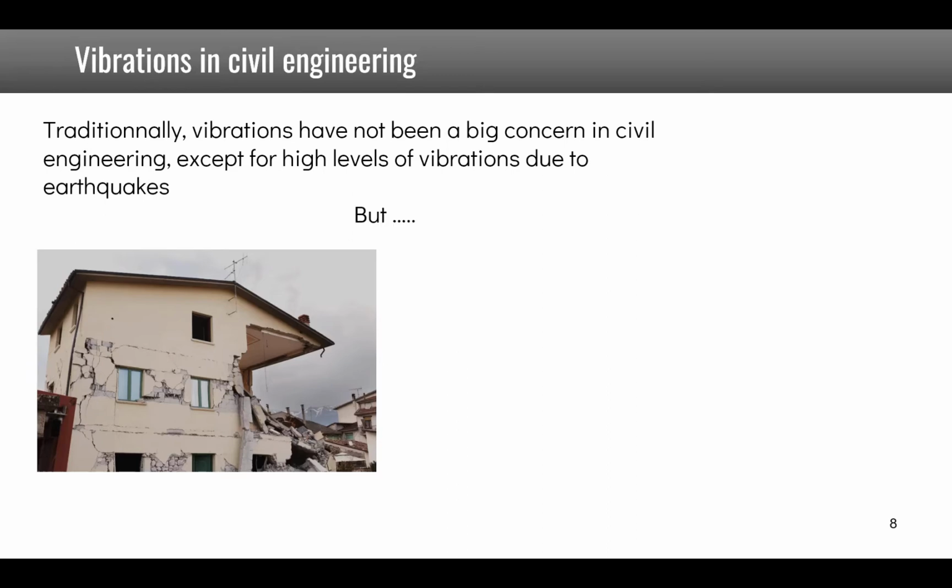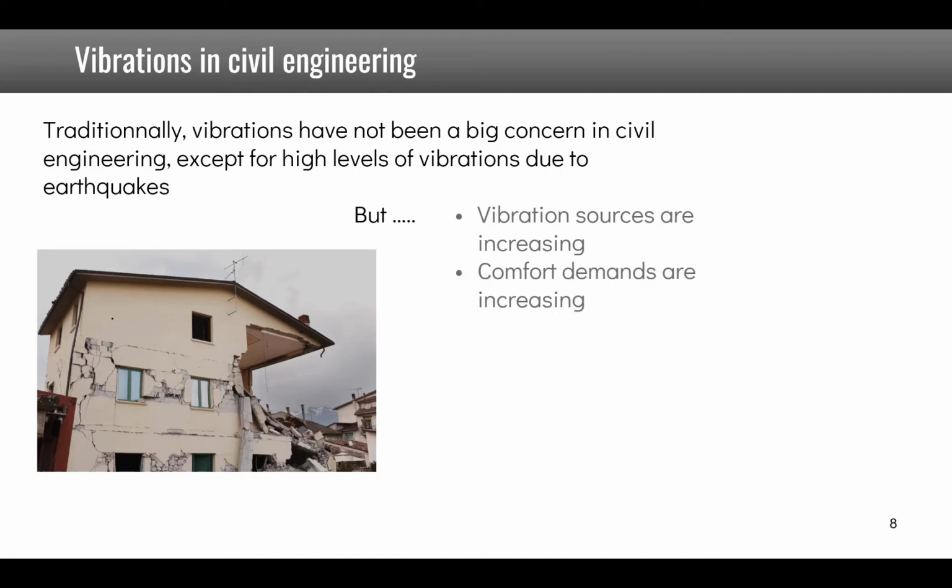But things are changing, because vibration sources are increasing in our modern world. Also, comfort demands are increasing. Health issues are appearing. For example, people subjected to repeated vibrations due to the use of tools need to be protected from these vibrations, so as not to deteriorate their health.